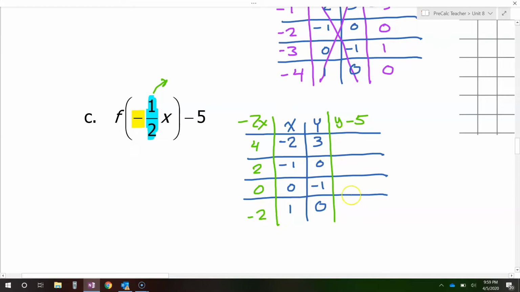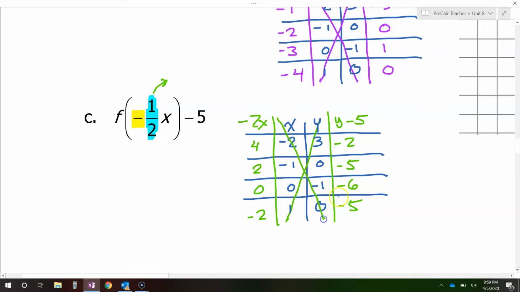Wait, I didn't actually do the y value. So minus 5. So 3 minus 5 is negative 2. 0 minus 5 is negative 5. Negative 1 minus 5 is negative 6. And 0 minus 5 is, again, negative 5.